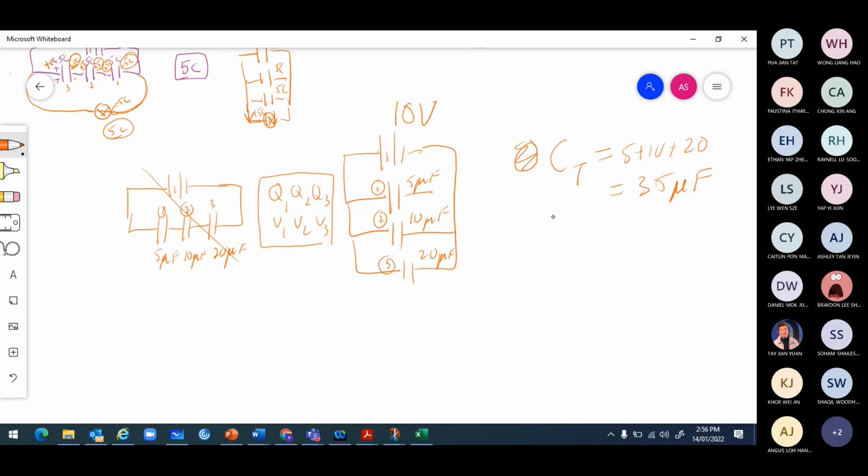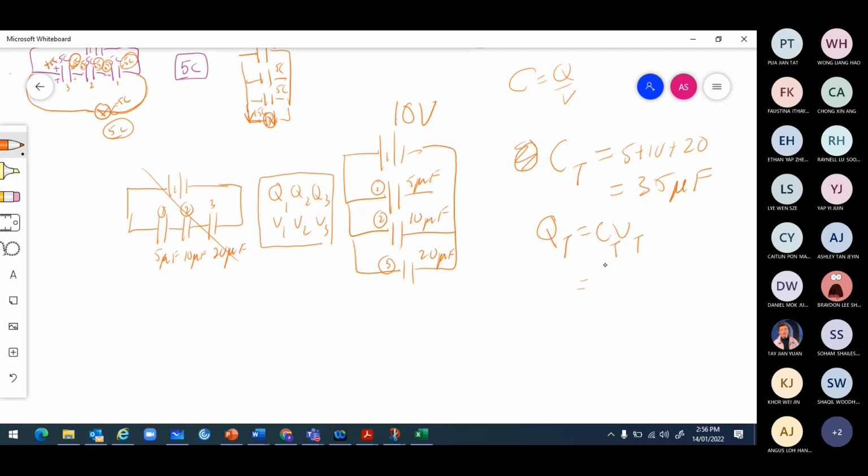Next you need to find the total charge. What is the total charge of this circuit? You can find it by using the capacitance formula. C is equal to Q over V, right? So Q is CV, C total times V total.